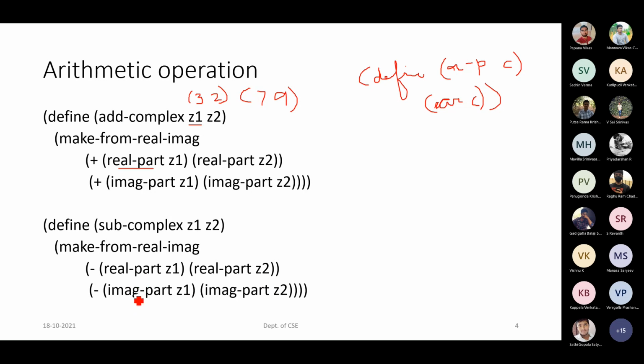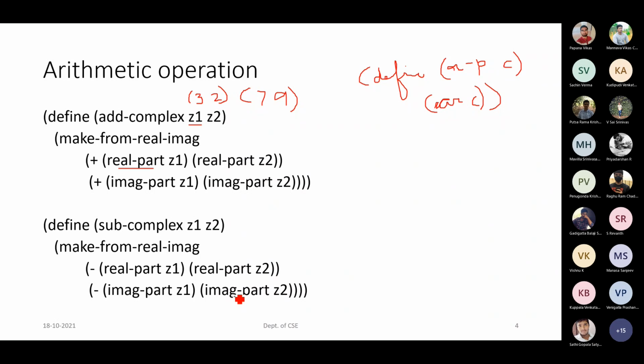Similarly, the imaginary part of the first complex number minus the imaginary part of the second complex number. Once it is done, we have the real part result and the imaginary part result, and this has to be returned back as a single value.